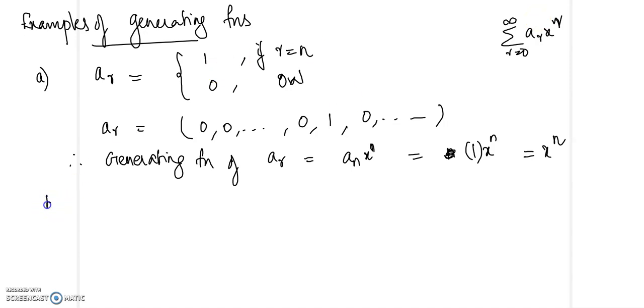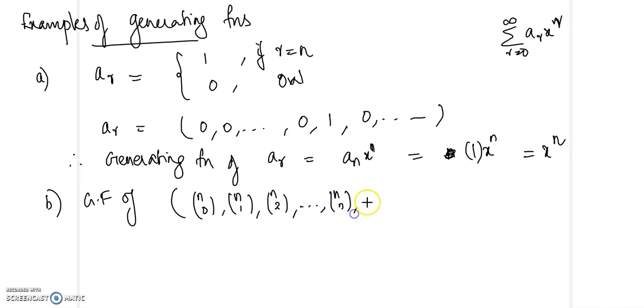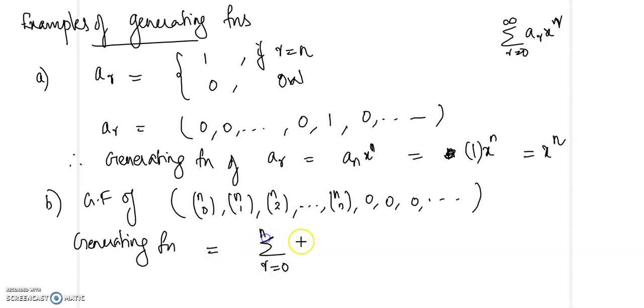Now if you want the generating function of the sequence given by nC0, nC1, nC2 etc, nCn, with all the remaining terms 0, then the corresponding generating function will be equal to summation r equal to 0 to n of nCr x raised to r. This is the series we get when we take the expansion of 1 plus x whole raised to n.